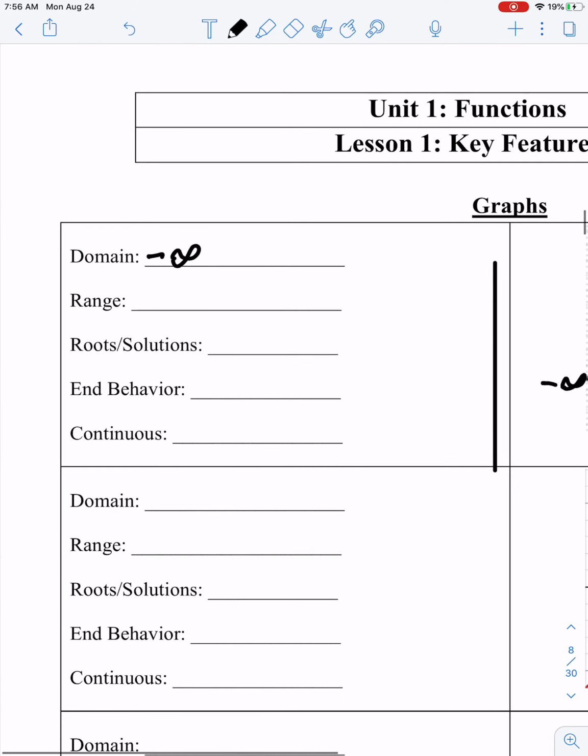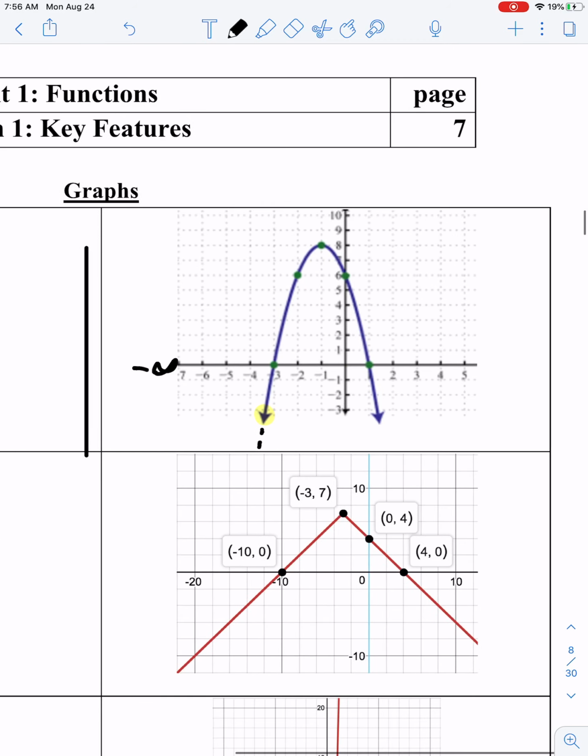And remember, infinities have to get parentheses. And then I'm going to continue to move my line across the graph. Every dot, every piece of the graph is closed, so therefore it's contained in the domain.